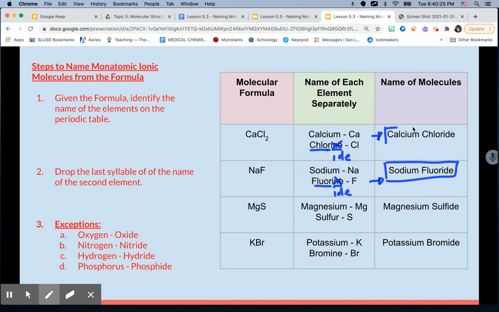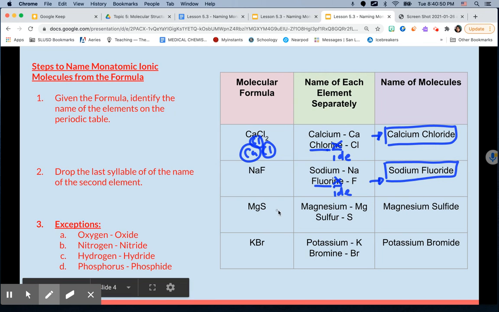The reason why we add "ide" at the end is because calcium and chlorine, these two elements, are stuck together. If I draw out a simple version of this, if they're all stuck together like this, we've got to find a couple's name for them. That's why they all end in "ide," just to show that they go together.